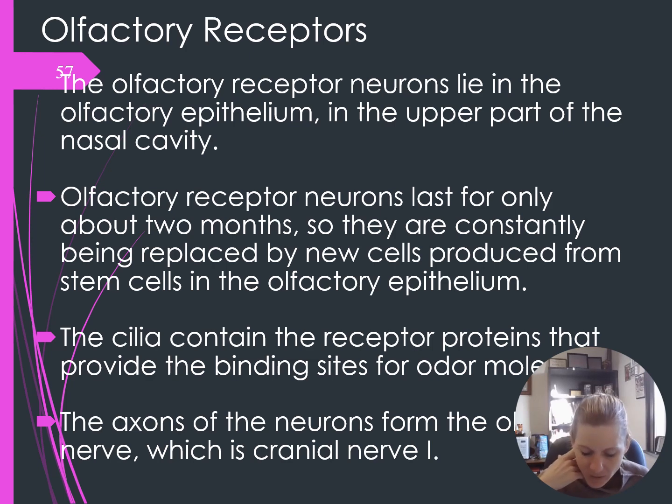And again, what's going on here? We've got some cilia that will contain receptor proteins that provide binding for those odor molecules. And then the axons of the neurons from the olfactory nerve will receive that sensory information and allow us to transfer it to the brain. And that is cranial nerve 1, or the olfactory nerve.